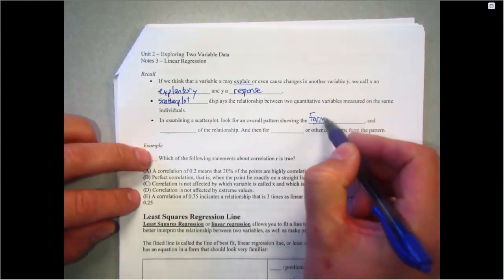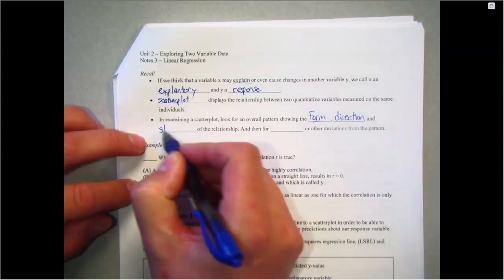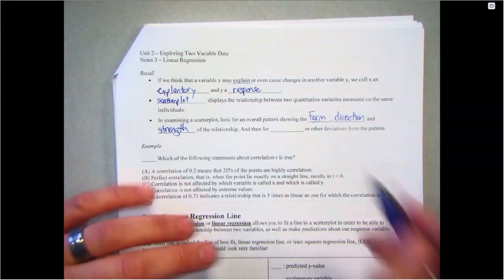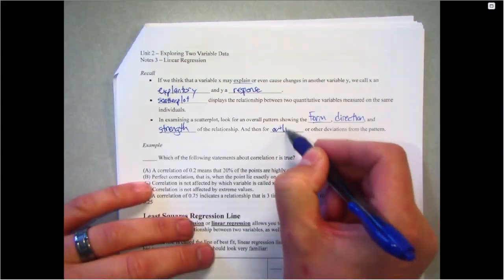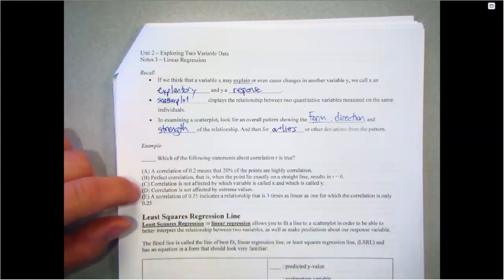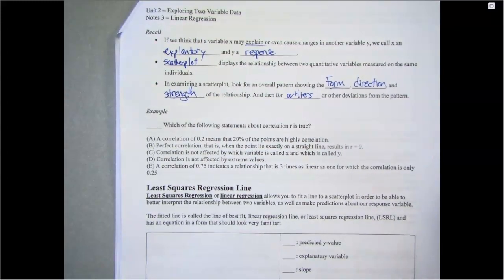Form, direction, strength. And then sometimes, like I think Khan will ask you to find outliers. Sometimes they do and sometimes they don't. Read through the example and see what you think is correct there.